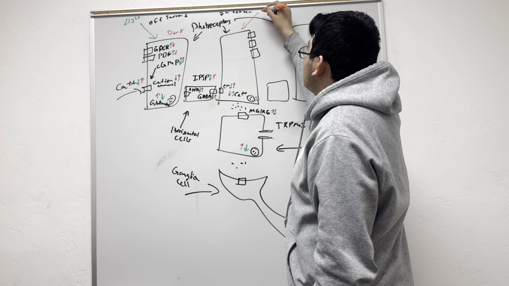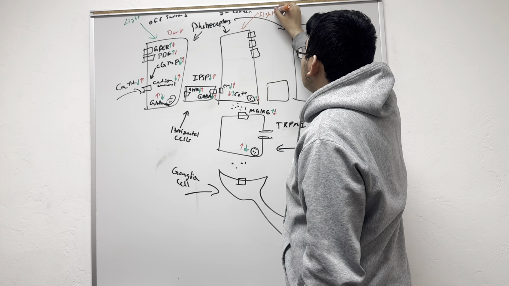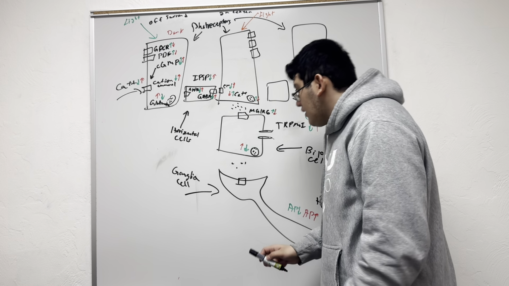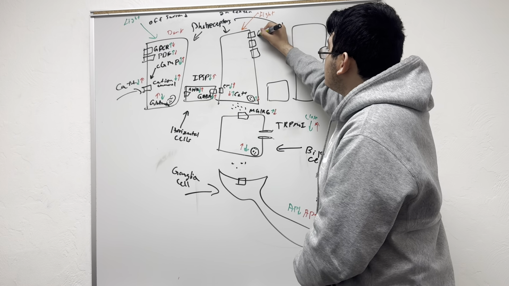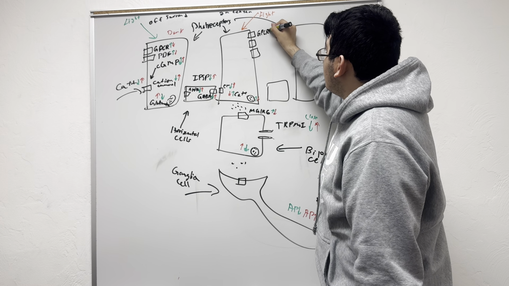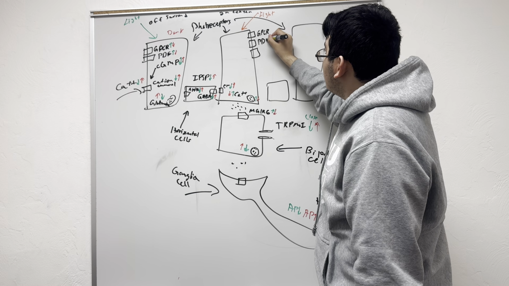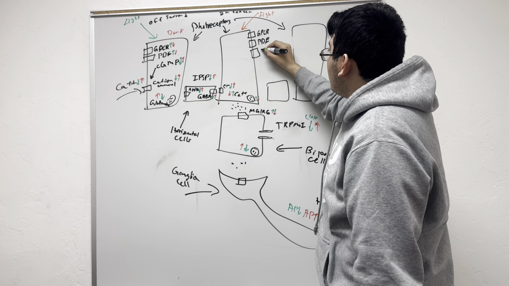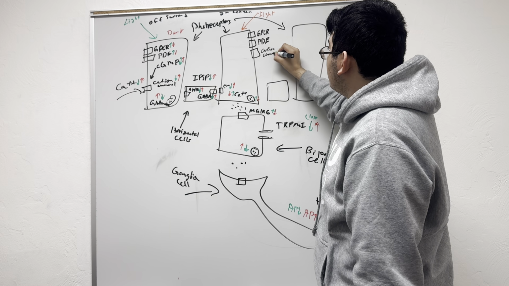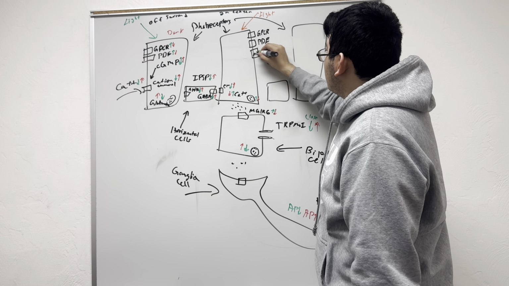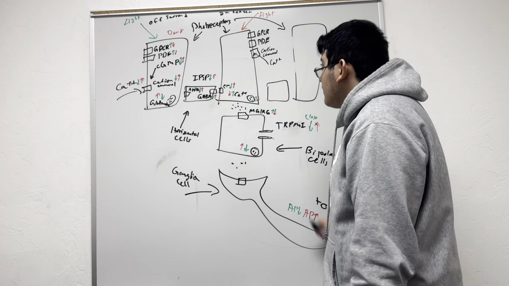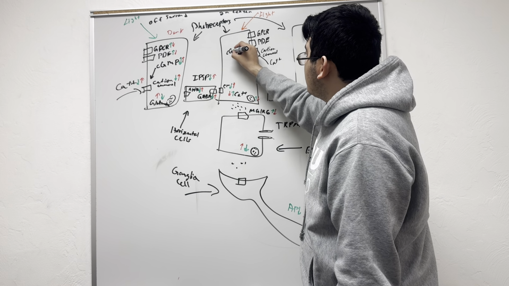Okay. So now let's talk about what's going to happen if light hits the photoreceptor in the center here. We have a similar setup with our G protein coupled receptors, our PDE, our cation channel, and cyclic GMP.